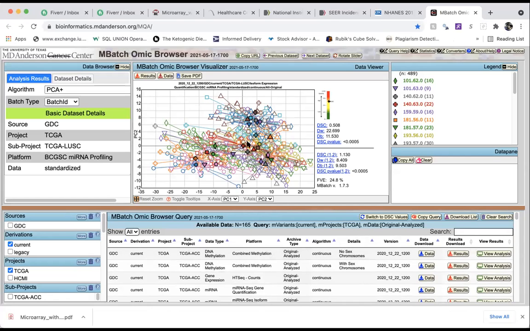You can also view the results like here. I'm not an expert in genetic data analysis, but I think these are PCAs, kind of clusters. And so you can download the data and use it in your own research.